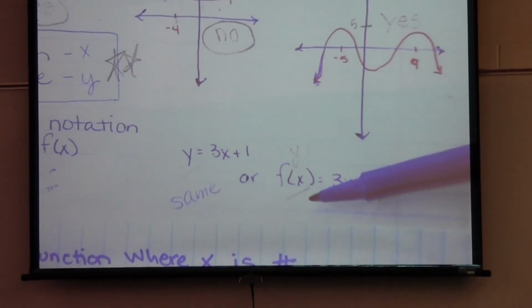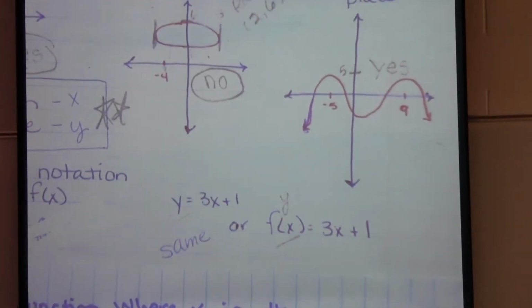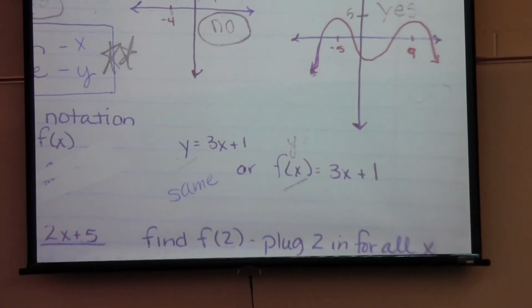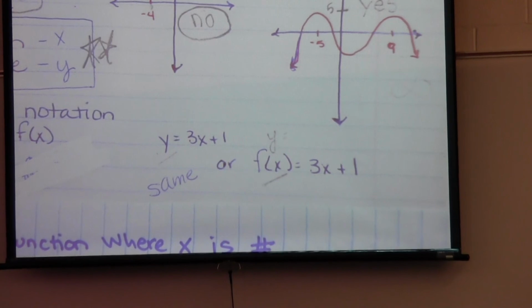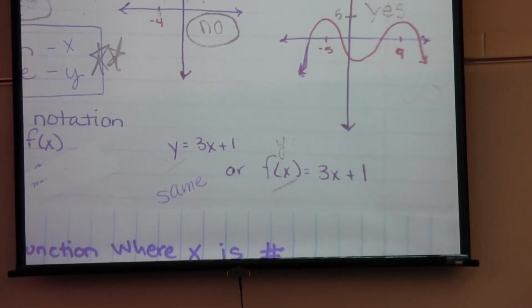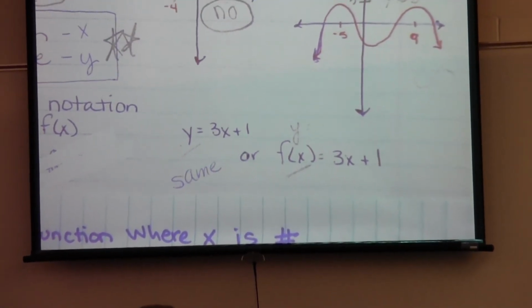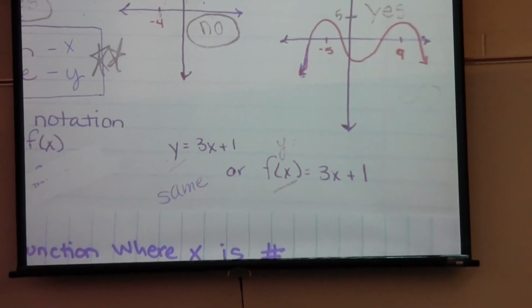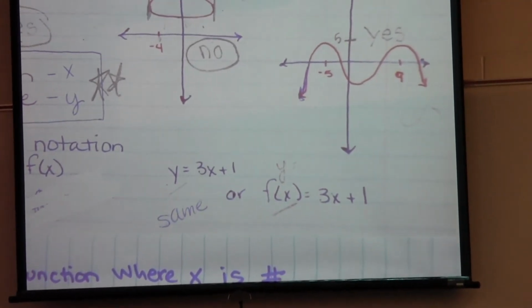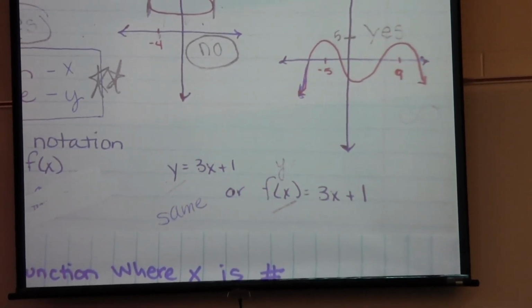The only difference is when a function notation, they're going to tell you what they want you to find for x. They might say f of x for all numbers between -2 and +2, or they might say f of x where x equals 3. Okay, so it helps you limit it a little bit more.